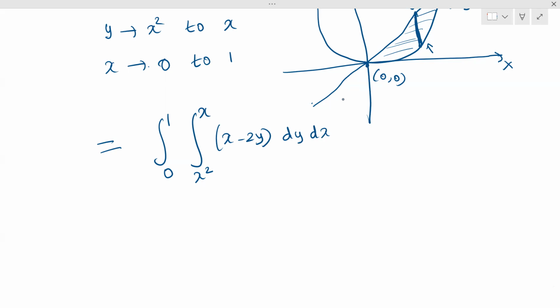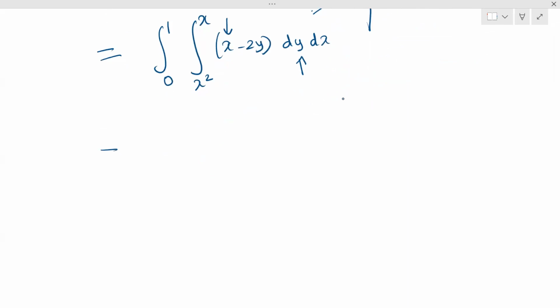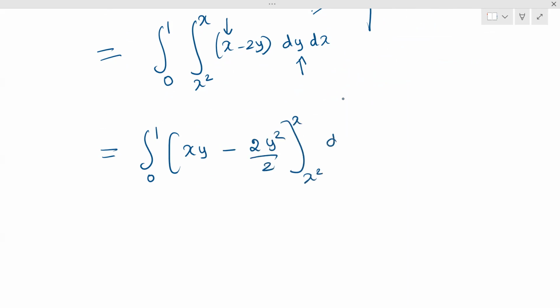Okay, that is our choice. First, we do integration with respect to y, so treating the other variable, what is the other variable, x, as a constant. So write the outer integration as it is. x integration: xy minus y integration: y square by 2, from x square to x, dx.